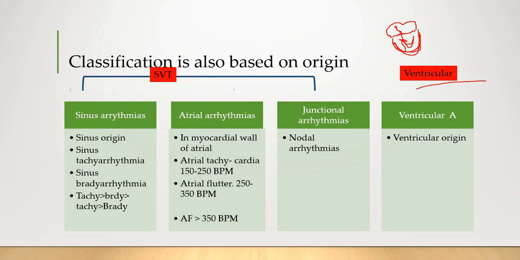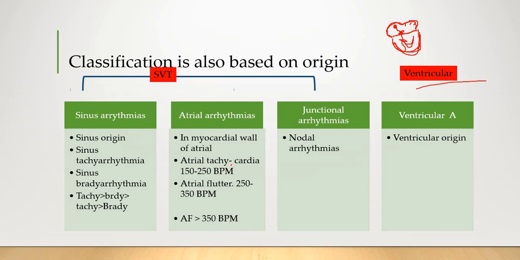This is the junction, and this junction is the AV node. If the arrhythmia originates from this junctional region, it is called a junctional arrhythmia. And if it arises through the atrial wall, from some region generating vectors, it is called an atrial arrhythmia.